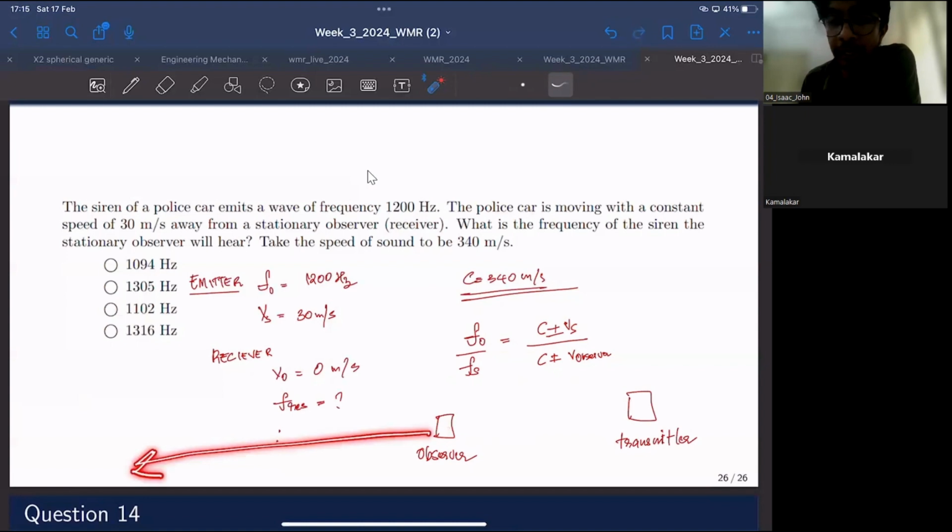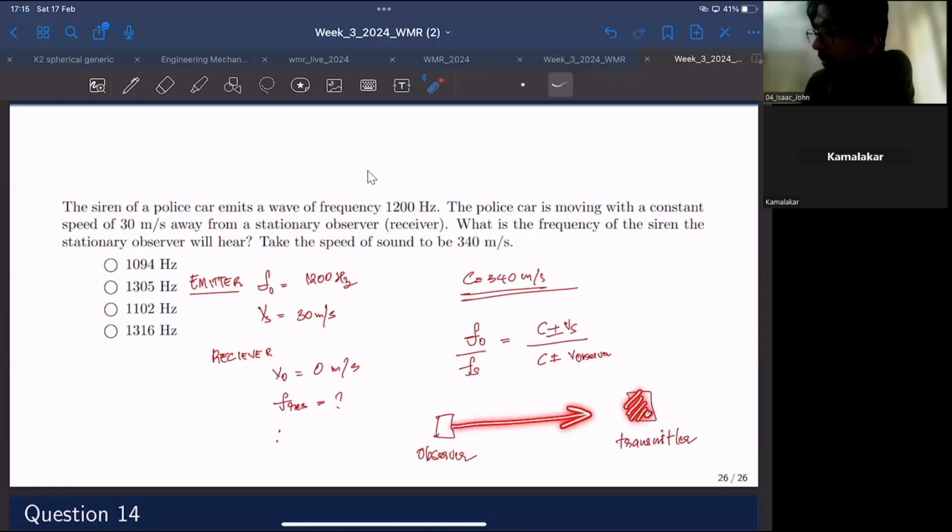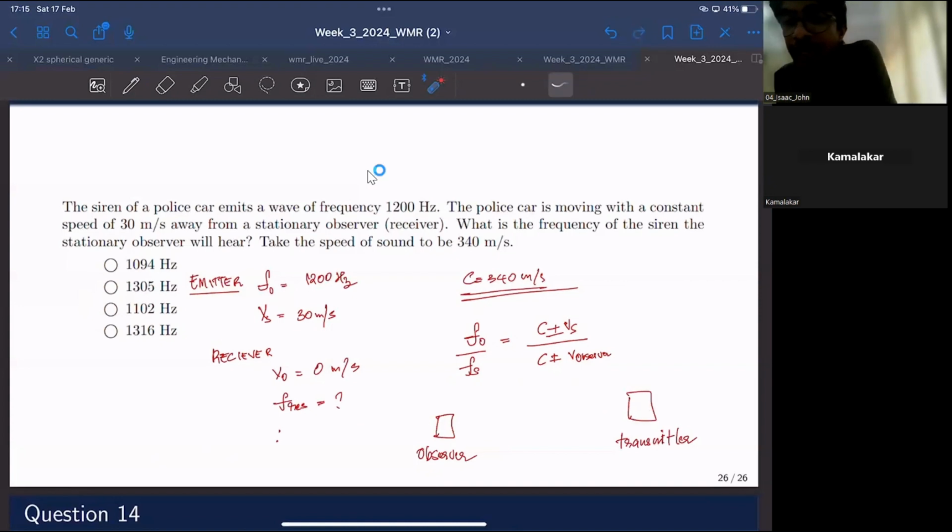Or the transmitter could be stationary and the observer moving towards the transmitter, or moving away. Both of them could be moving towards each other, or both moving away from each other. All these different scenarios are possible, so to accommodate them you have to choose whether it's a plus or a minus, depending on the scenario.